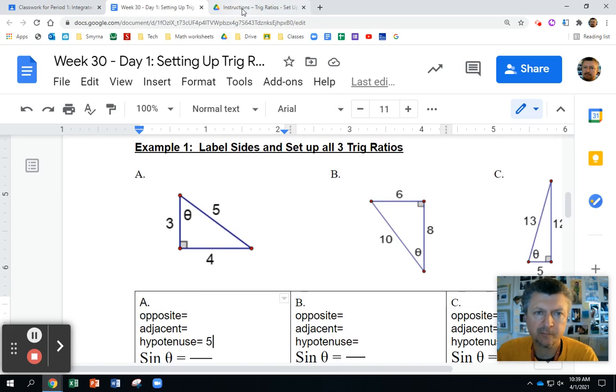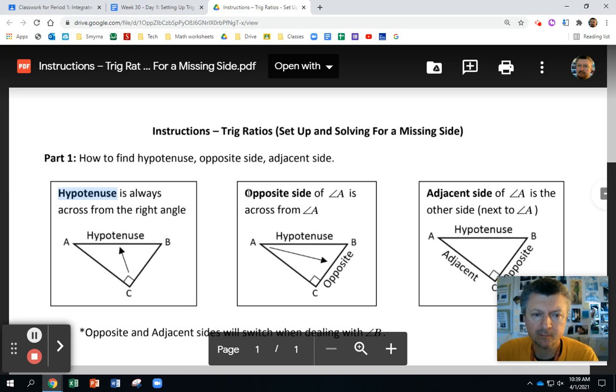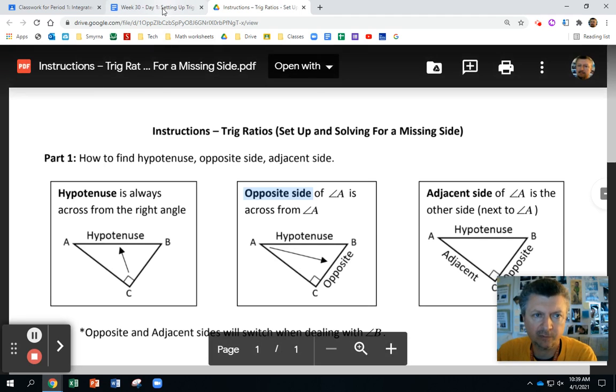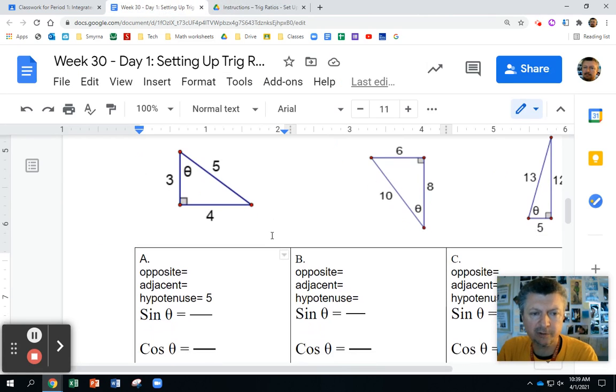Okay, so opposite side, as you see on your instruction sheet, is opposite of whatever angle you're dealing with. So let's see on here, what are we dealing with? We're dealing with this angle here. This is called theta. That's just like an unknown angle, like x, it's a Greek letter.